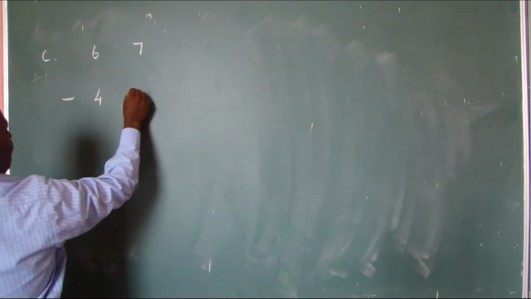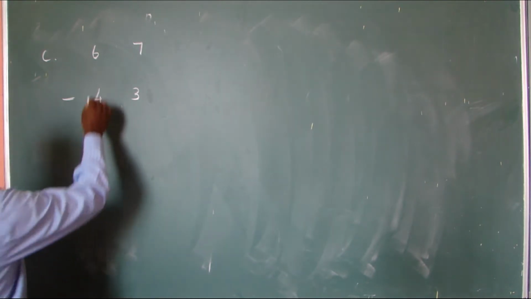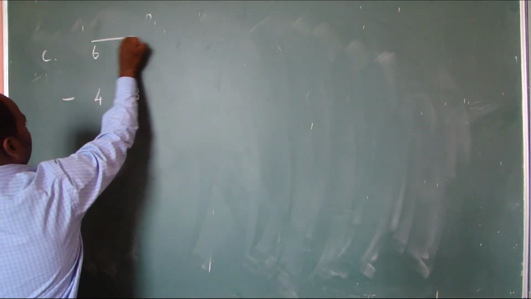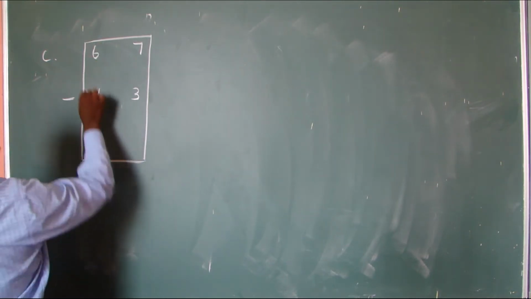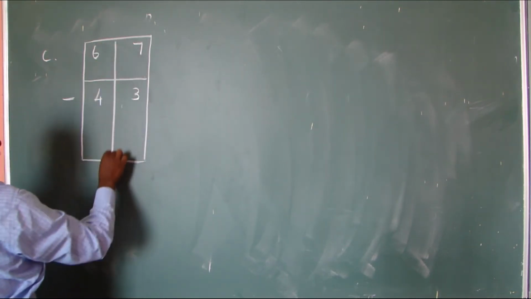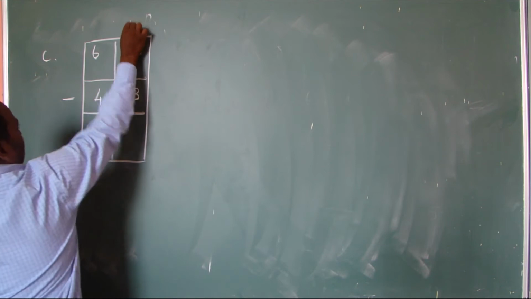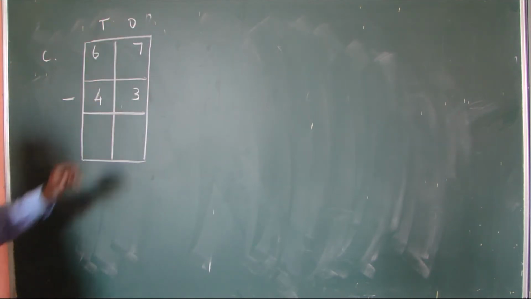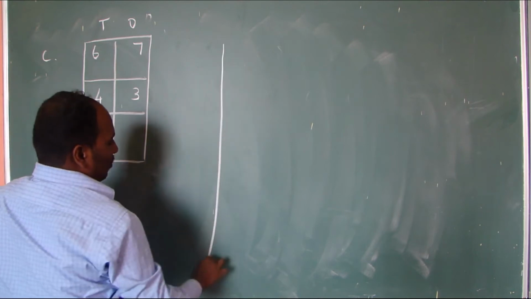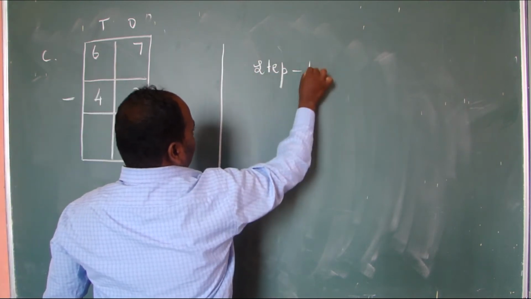67 minus 43. You want to minus, 7 minus 3. Step 1.